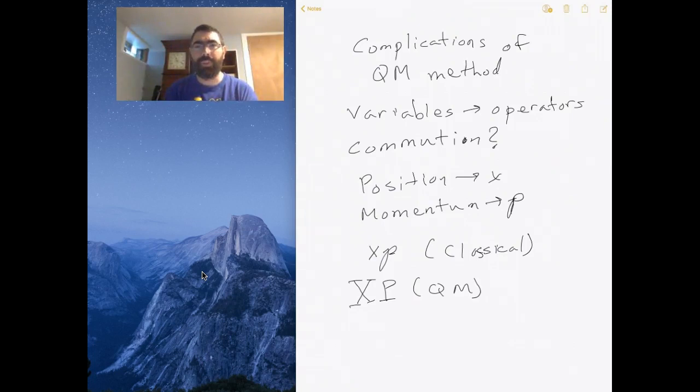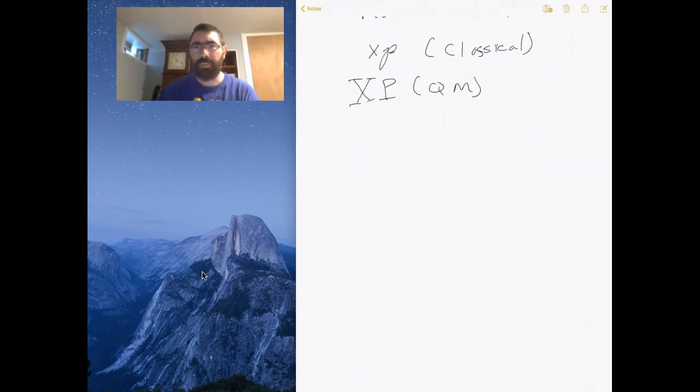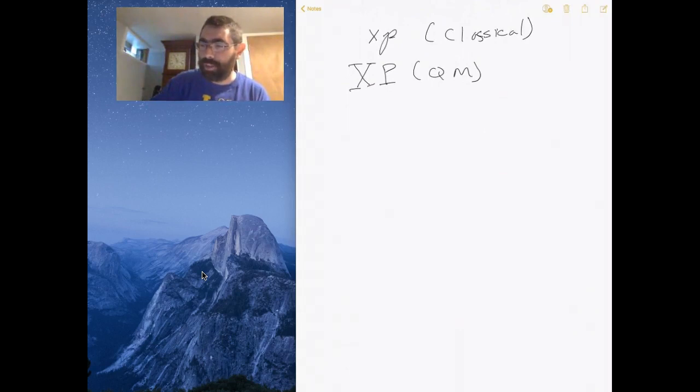Okay. However, I've shown previously that they don't commute. And so the question is, what happens if we look at the product of the momentum and the position in this fashion? This isn't necessarily the same thing as looking at the position and momentum here.